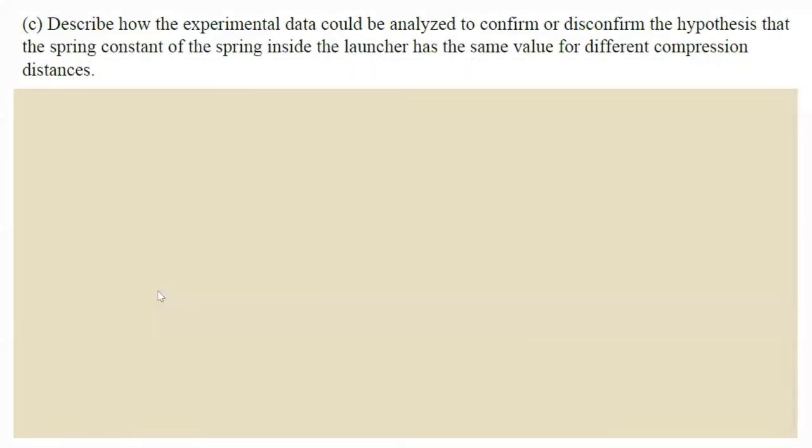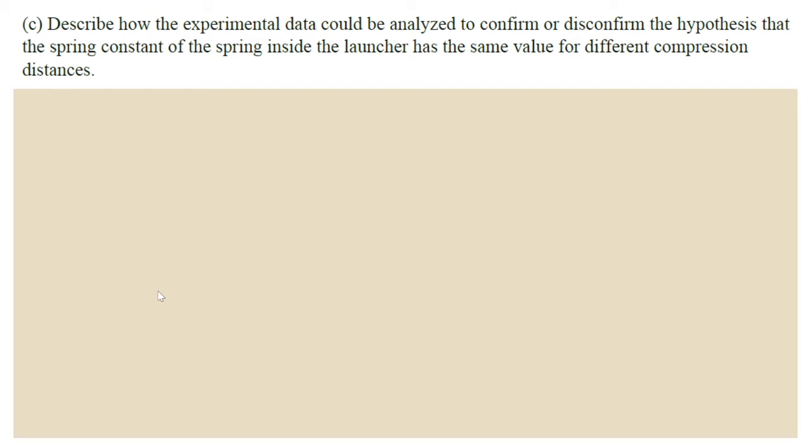Moving on to part C here now, which is always going to follow up this experimental procedure description part of an experimental design question. It says, describe how the experimental data could be analyzed to confirm or disconfirm the hypothesis that the spring constant of the spring inside the launcher has the same value for different compression distances.